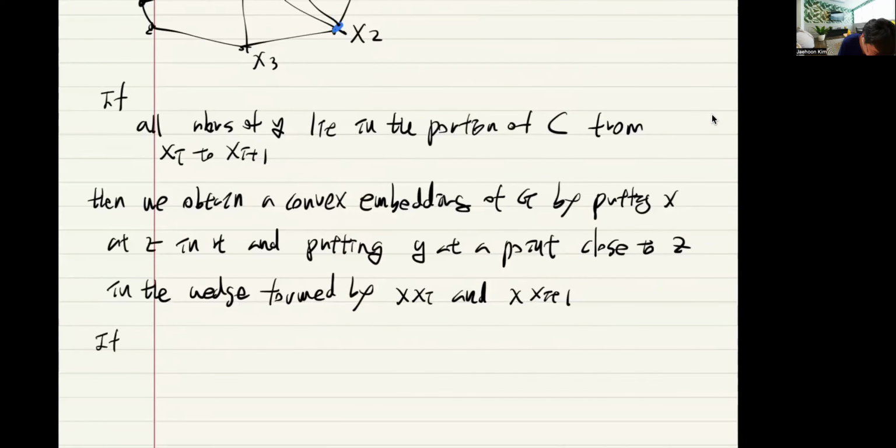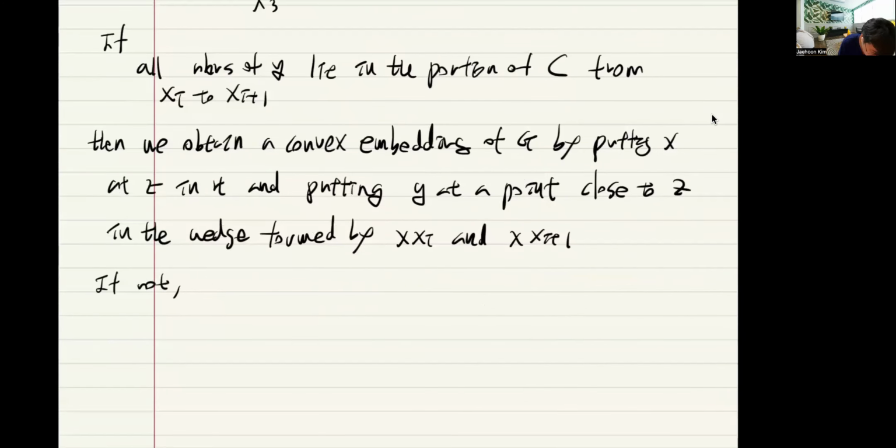If not, then we have one of the two cases.